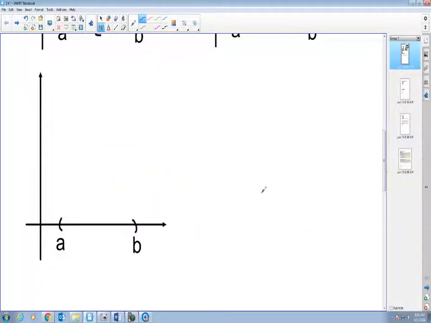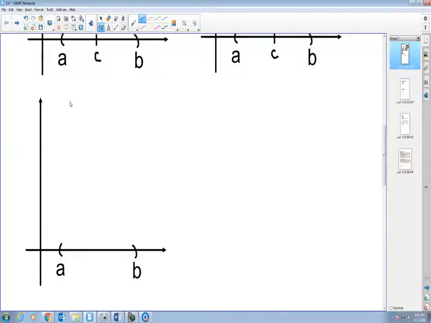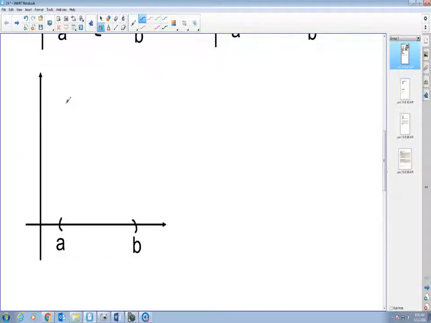Another way where the function is not continuous is when the limit of the function as x approaches c does not equal f of c.